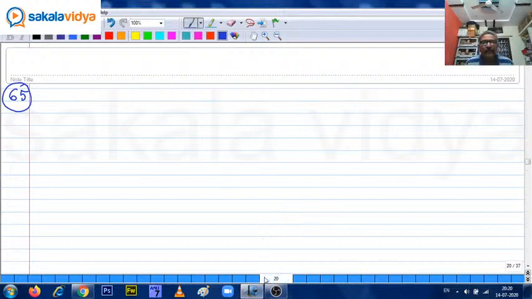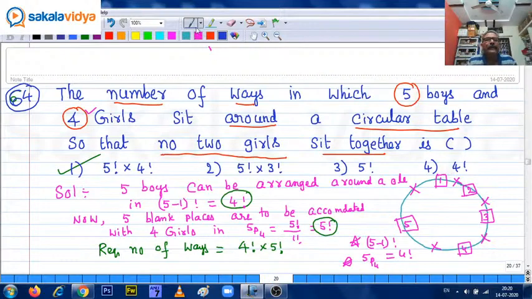Here see, 5p4 means, how many blank places are there? You check it now. 1, 2, 3, 4, 5 blank places, because no two girls come together. Here boy, girl, boy, girl, boy, girl, means these cross places are blank places. 5 blank places should be filled with 4 girls.